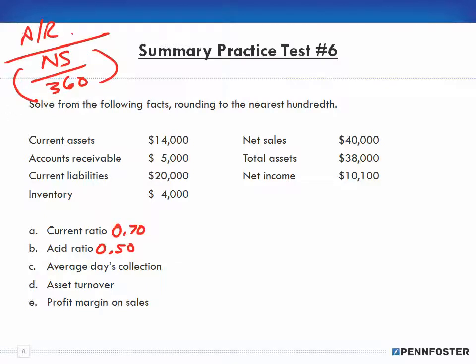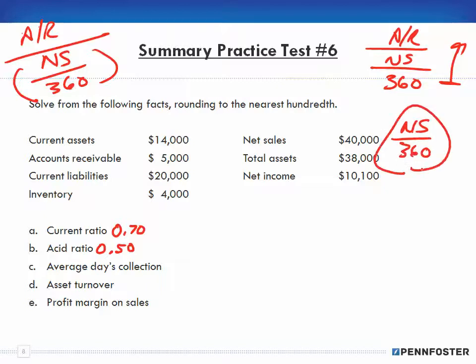In the textbook, don't get confused by the divisors here. If you're looking at accounts receivable over net sales over 360, it becomes hard to decide what you're supposed to be dividing. If you're looking at it in this fashion, you start down at the bottom and work your way up. So you take your net sales and divide it by 360 first, and then whatever answer you get, you take your accounts receivable and divide it by that answer.